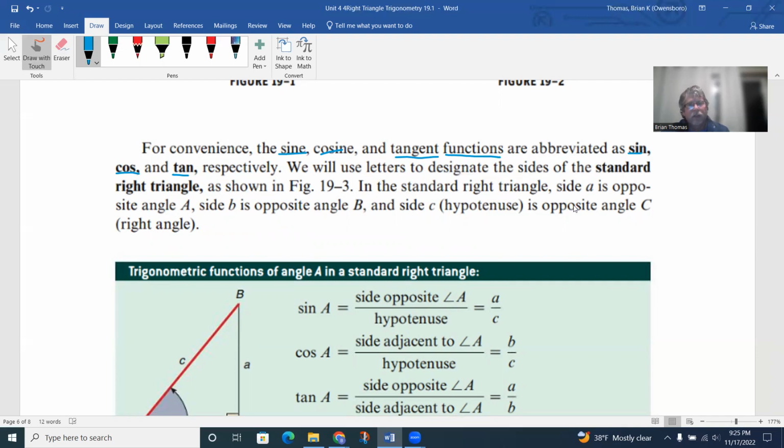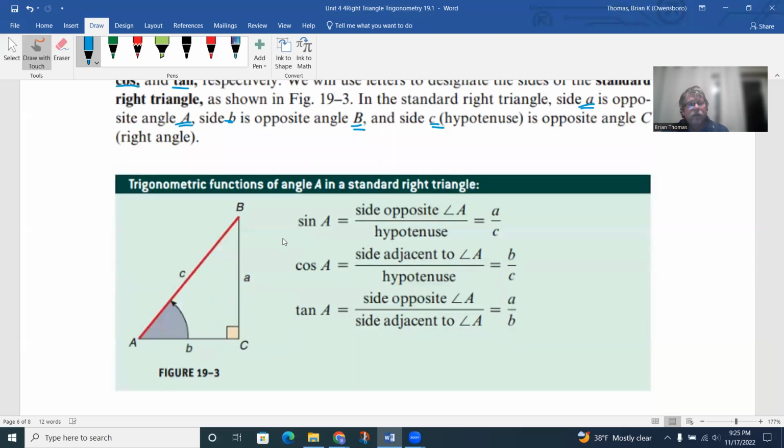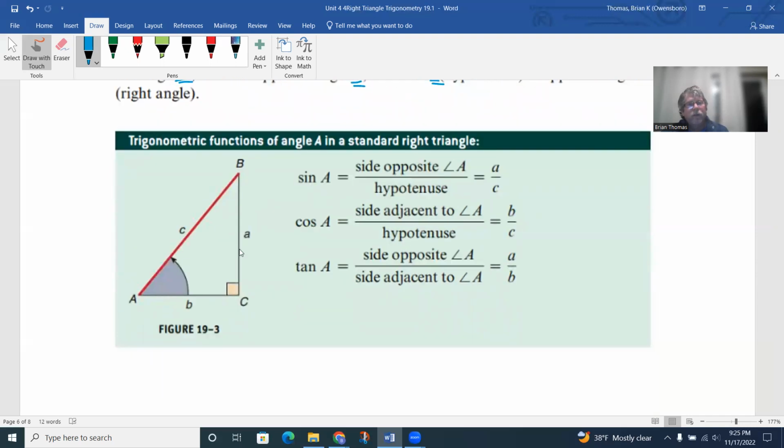In a standard right triangle, side A is opposite of angle A. Notice how little a is opposite of angle A. Side B, notice that it's lowercase, is opposite of angle B. And then side C is the hypotenuse, and it's opposite of angle C. So if I look at this triangle ABC, notice there's angle C. The hypotenuse is opposite of angle C because angle C is the right angle.